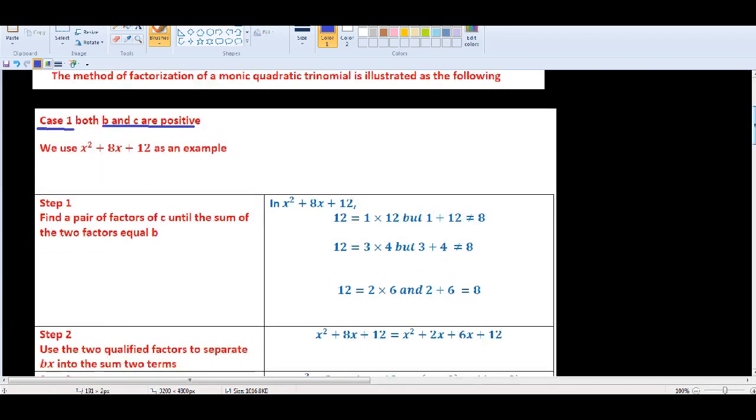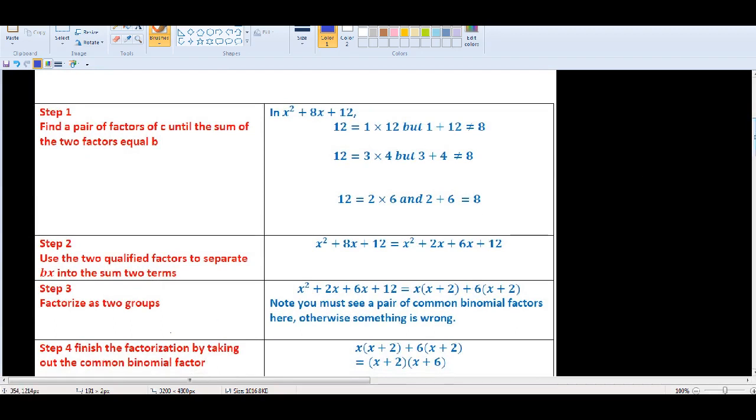There are a few steps you need to understand, and you need to understand why we are going to do this. After you understand the idea, it will be easier for you to memorize.